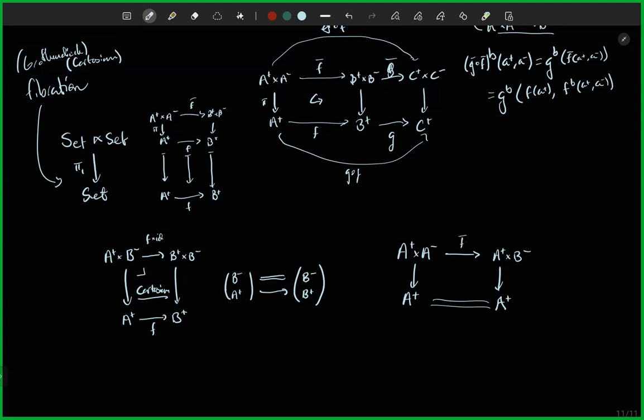Well, F bar, this would correspond here to F and then id. It's not exactly correct, but this is morally what you want to think. Or maybe I should be exactly correct and say it's pi 2. And here we would have A plus, B minus, A minus, and here we have an equality in the bottom and a map up here, and this is just id F sharp.